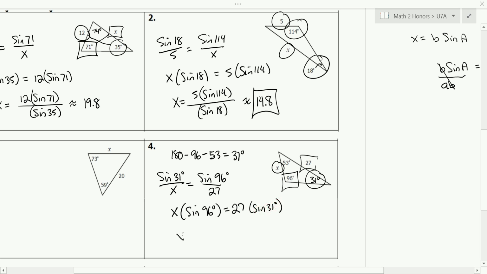And then divide the 27 times the sine of 31 by the sine of 96. And then you use your calculator, and what do you get about? 14.0. Okay. All right.